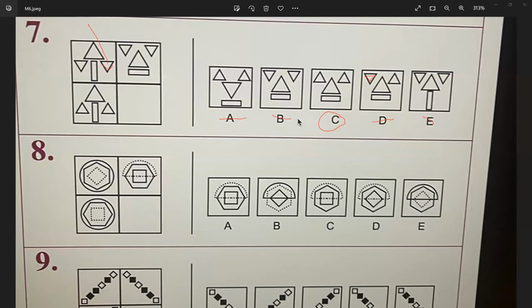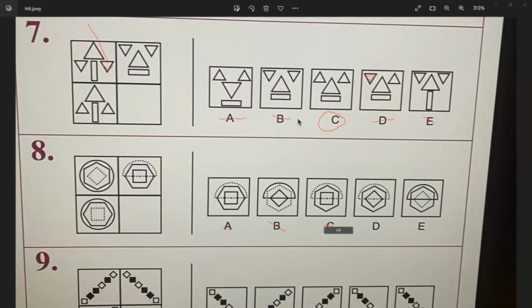So now let's apply those rules in this question. The hexagon doesn't change its line. So when it gets rotated, it can't be B, and it also can't be A because it's not rotated at all. And then the rotating of the square in the middle will turn into a diamond, so it can't be C because the square is the exact same.